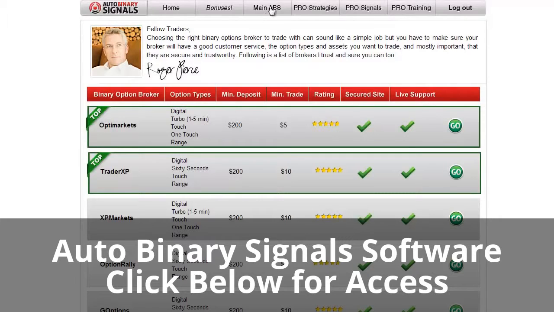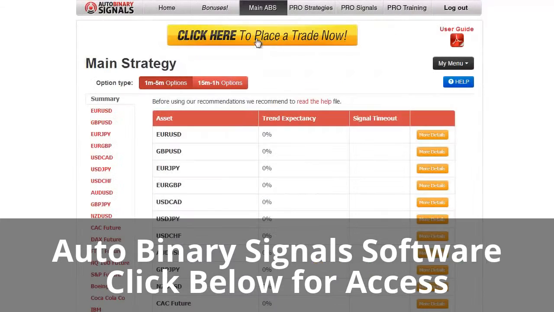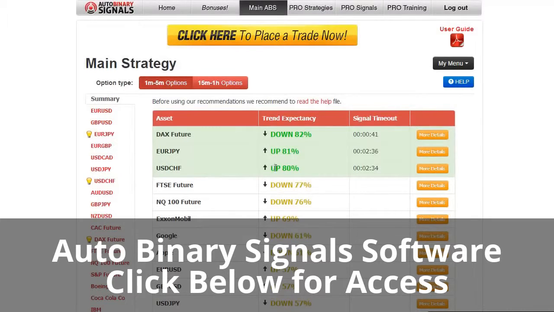For example, at this moment we see that we have a signal for euro yen, but not all brokers might have euro yen available at this precise moment because of different risk management strategies they have. They want to protect themselves from market changes, and therefore for some reasons they cannot show a certain asset.